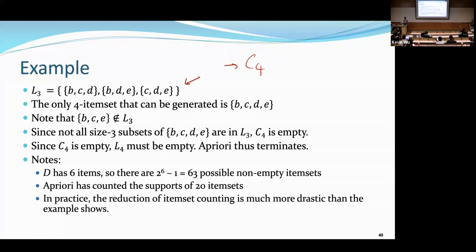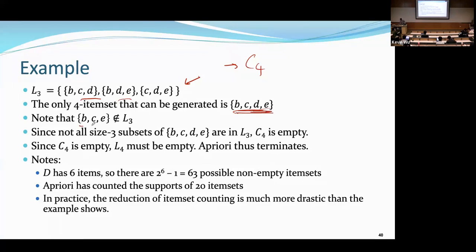satisfy the requirement. So the only 4 item set that we can ever generate, whatever pairs of item sets that we get from C3, it will be BCDE. Whichever pair that you pick to join, you only get BCDE.